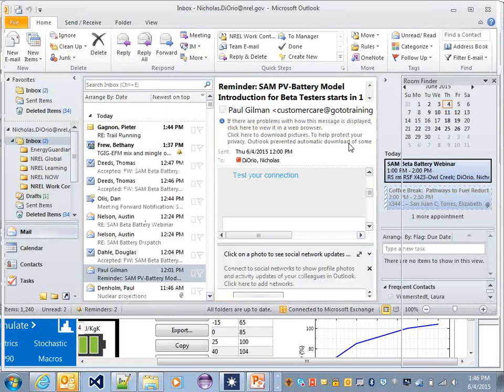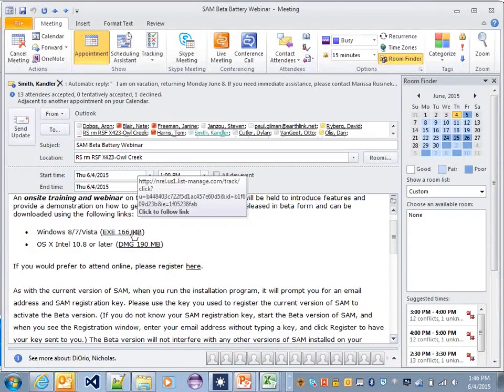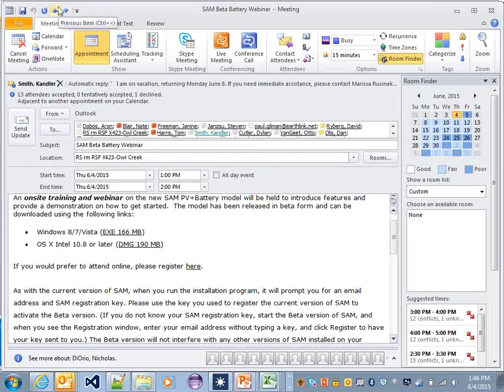If you were invited via an Outlook calendar update, there's this link here, and the same link is also available in the general webinar invite that went out. The first public release, I should say, we're aiming for the 3rd or 4th week of June. So in about 3 weeks, this will be publicly available to download.